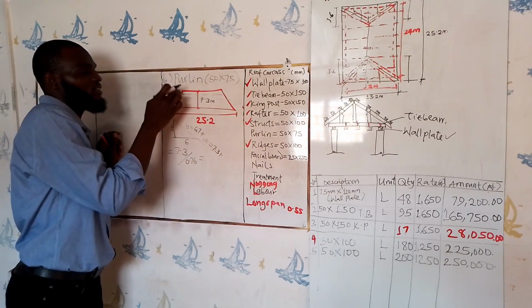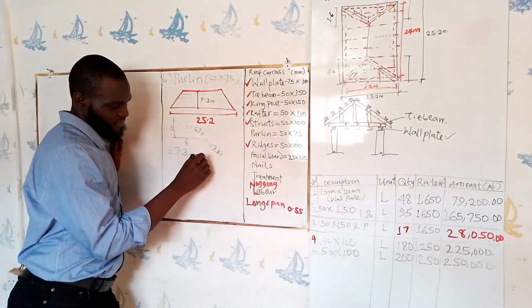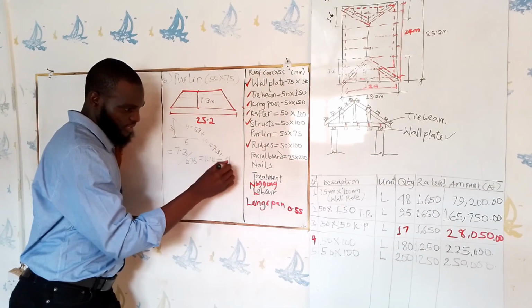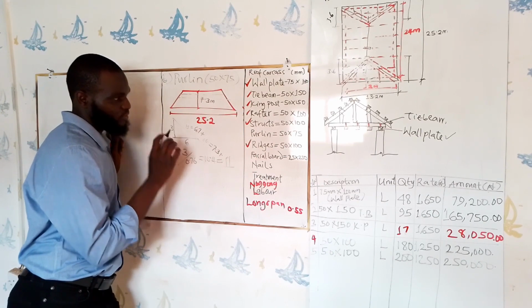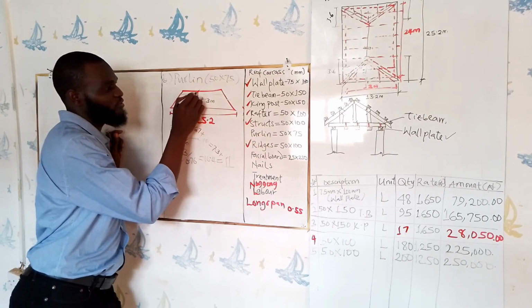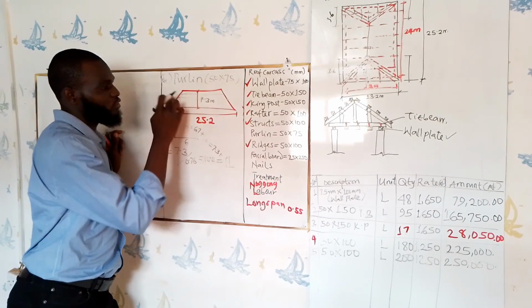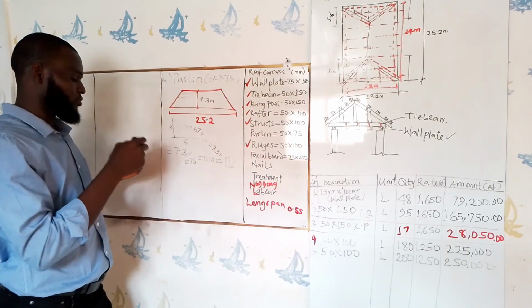We have calculated 10.43, which means it's 11 rows. The only thing is that the last one will not be up to this width. It will be small. So we are going to have 11 rows.